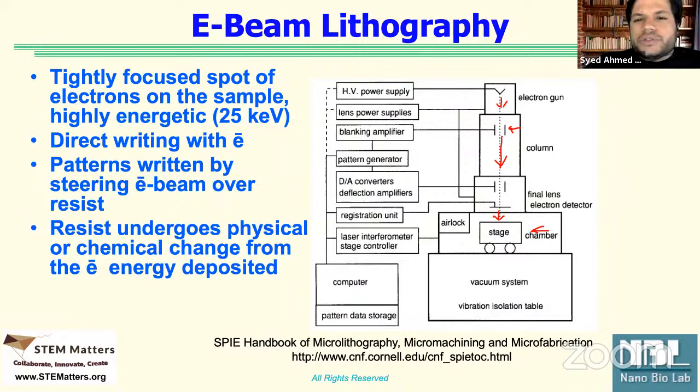Sir, my question is, what is the meaning of forward scattering and back scattering? Why is it a disadvantage? A little bit of physics on that. When an electron strikes an atom, it transfers its energy to the atom. It knocks off some electrons, which would come out of the surface.